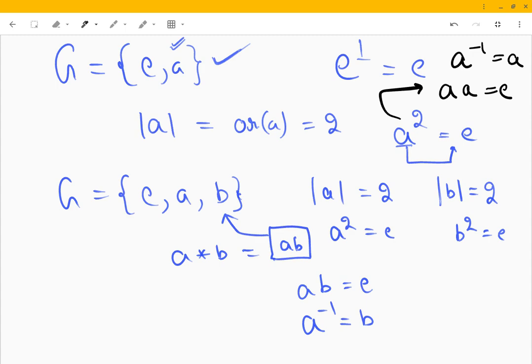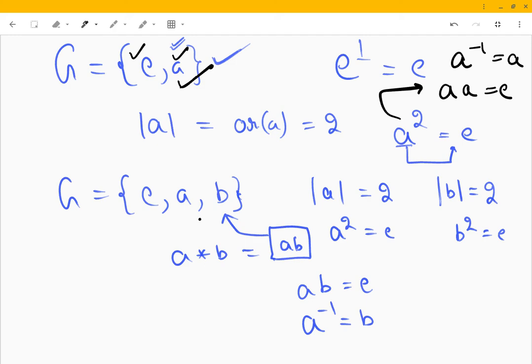It is its own inverse. That is how we have the inverse of A in the group. That is a prerequisite for a set to be a group. All the elements need to have their inverse. So E is its own inverse, A is its own inverse, right?